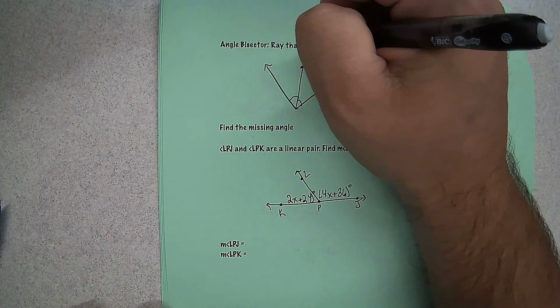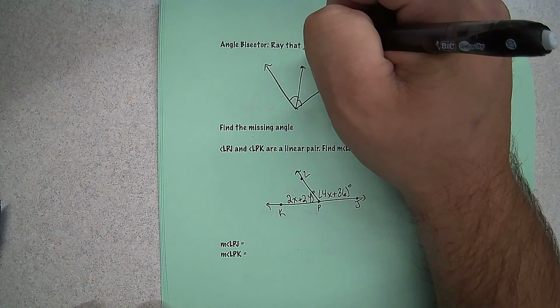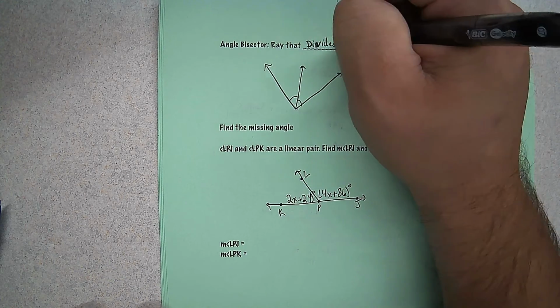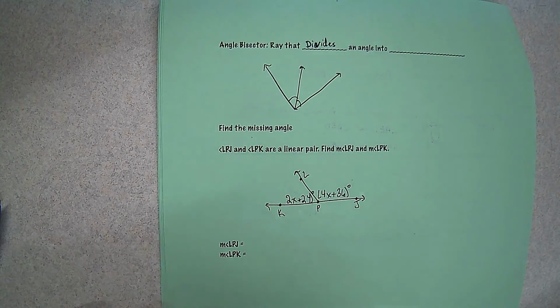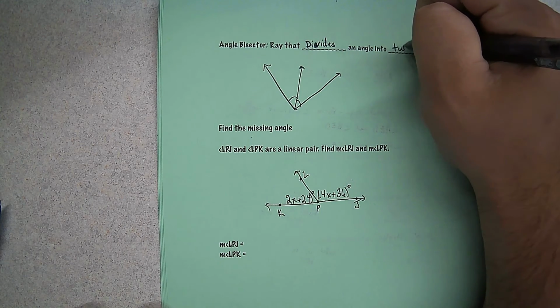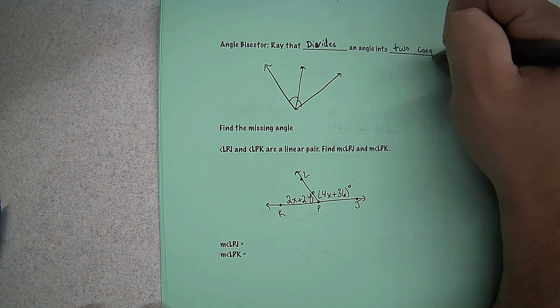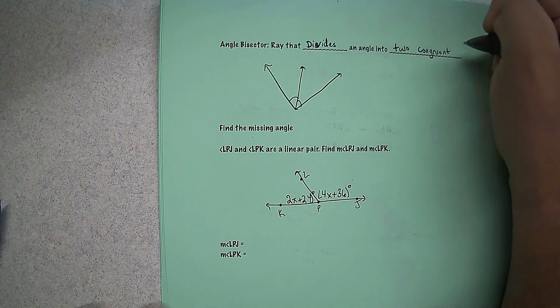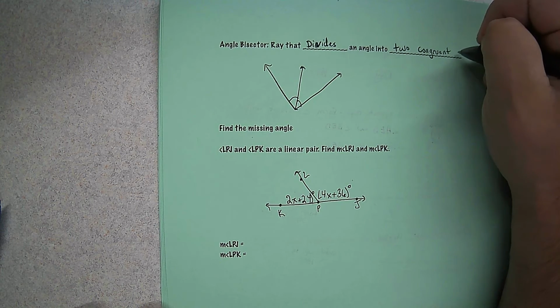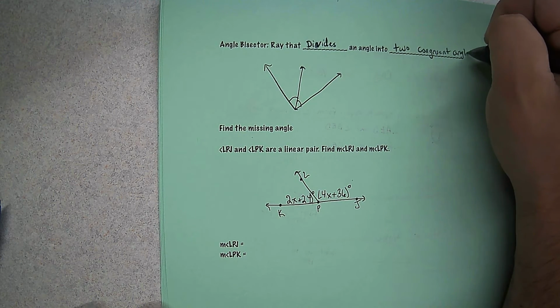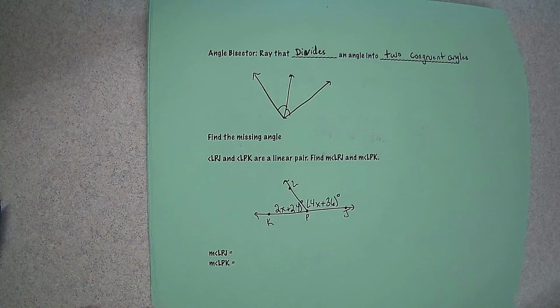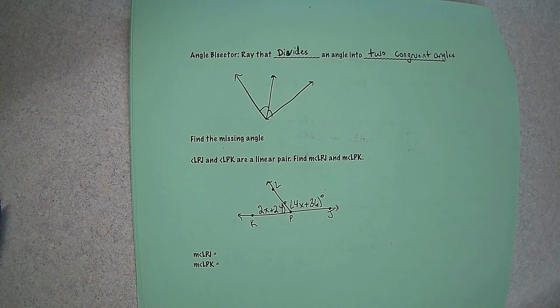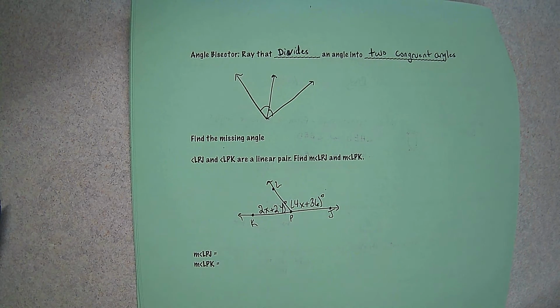A ray that divides an angle into two congruent angles, or it cuts it into two equal angles. If it bisects, it means that it's into congruent or the same.